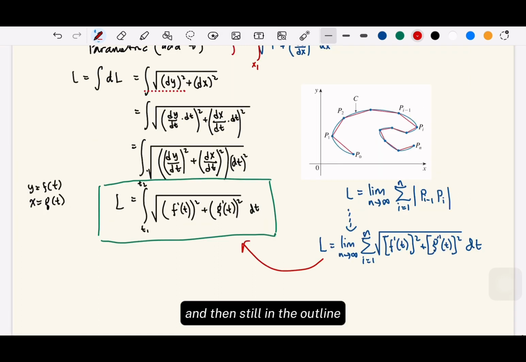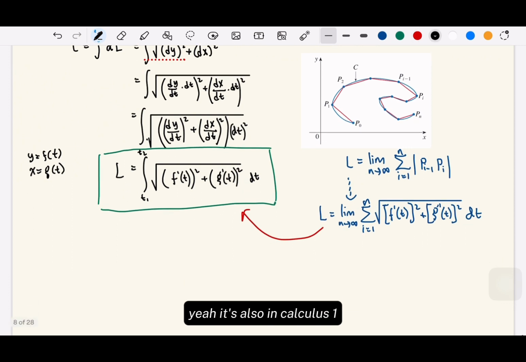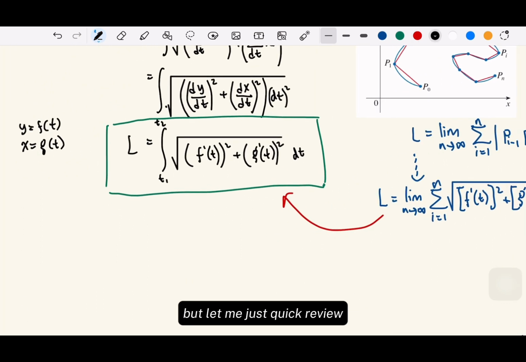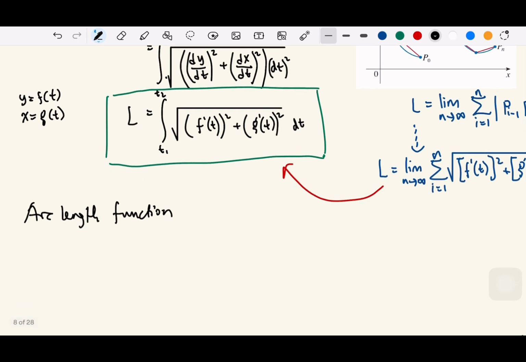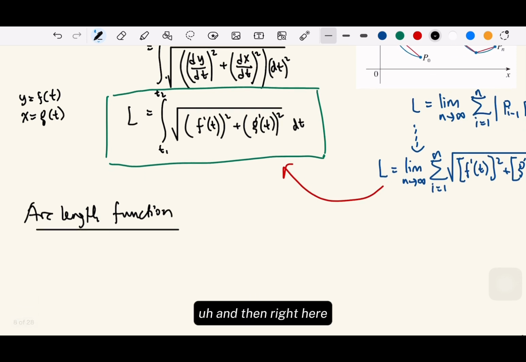Okay, and then still in the arc length, we can also make the arc length as a function. So we call that the arc length function. Okay, it's also in calculus 1, but let me just quickly review what the arc length function is. So let me write here.